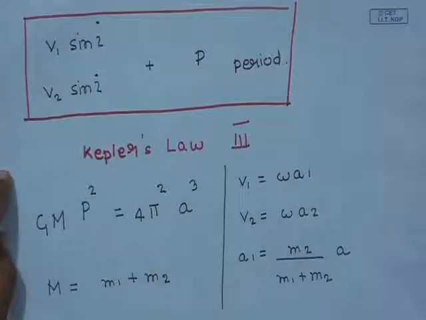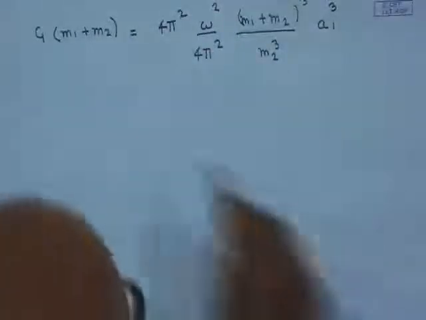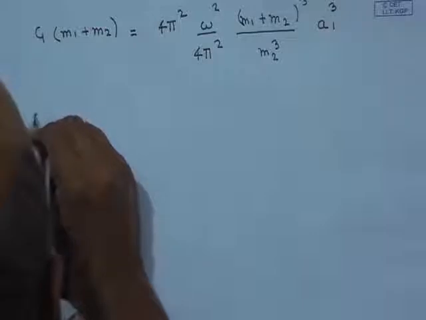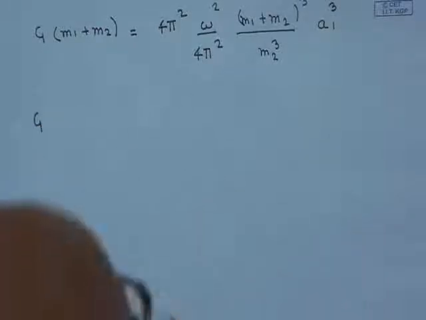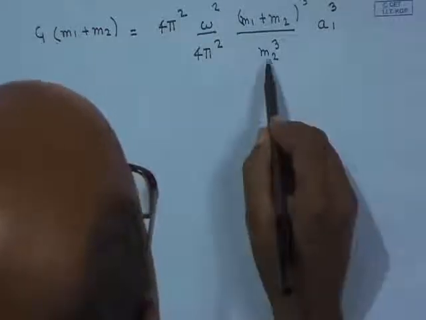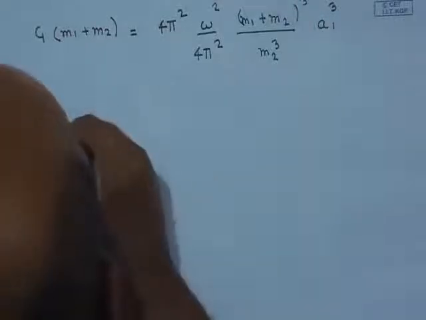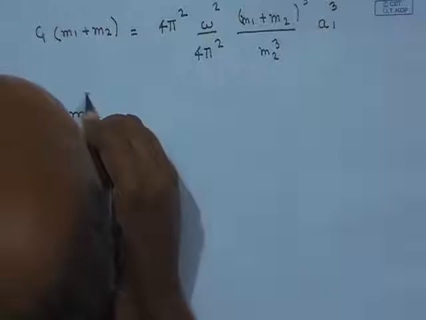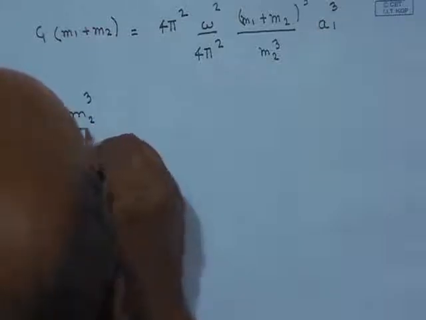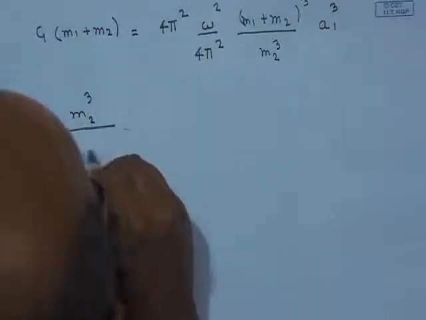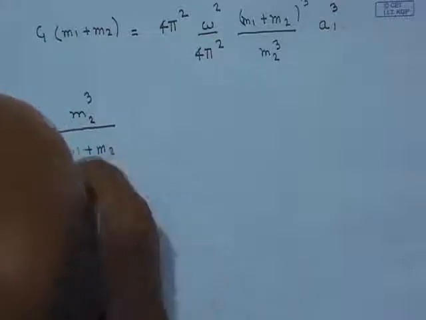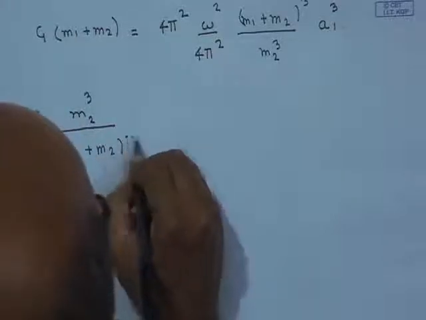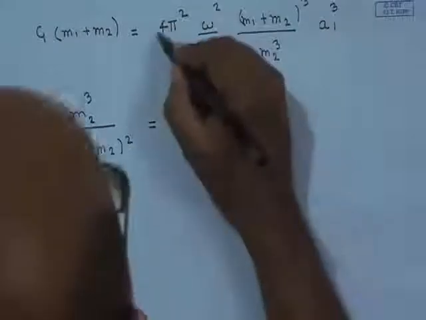So, let us try to simplify this first. We will take all the factors of M onto the left hand side. So, what we have is M2 cube by M1 plus M2 square is equal to, these two factors cancel out.